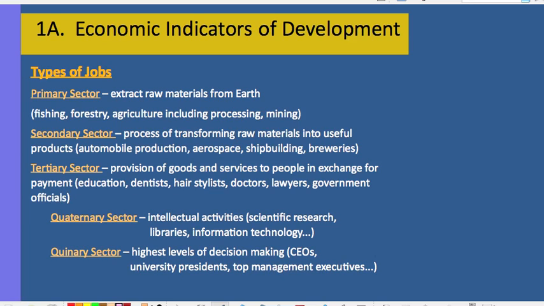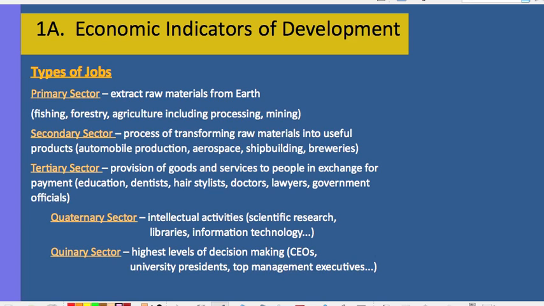So primary sector is where you're getting something out of the earth, extracting raw materials. This is agriculture. You're farming, or you're fishing, getting something out of the ocean. You're in forestry, so you're chopping down trees, or you're mining. All these things are primary sector jobs, getting raw materials out of the earth.